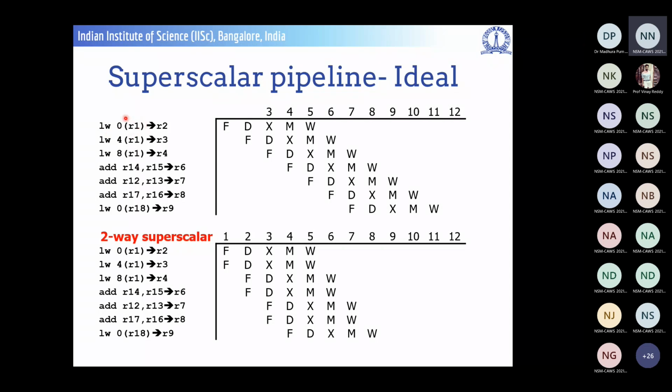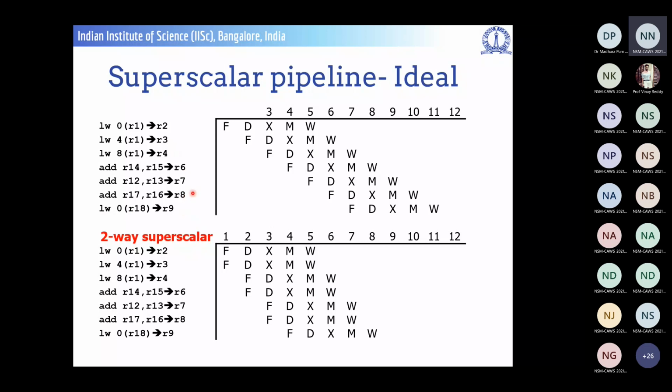Its address, from where in the memory it should load, is in register R1, and there is an offset 0 that it should add to get that address, and put whatever is in that memory address into register R2. Similarly, the add instruction is obvious: you add the contents of registers R14 and R15 and put the result in R6. Similarly, this is another load.